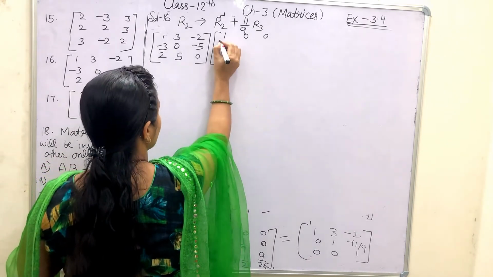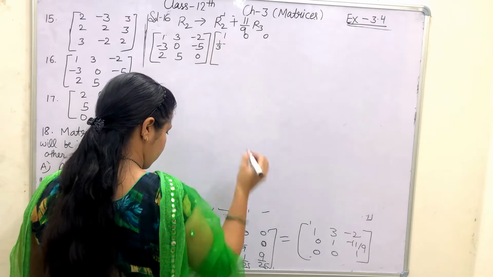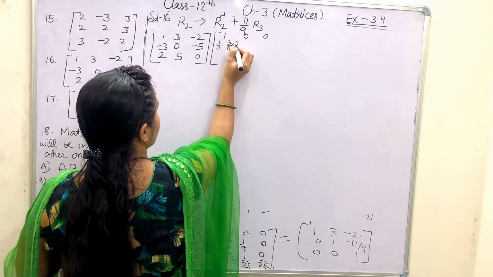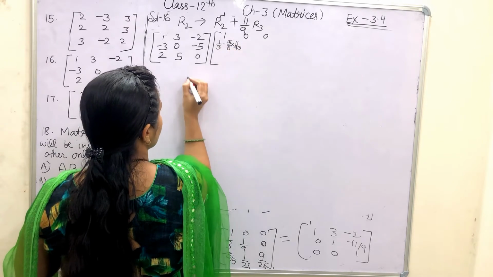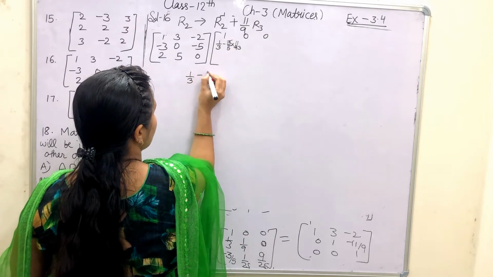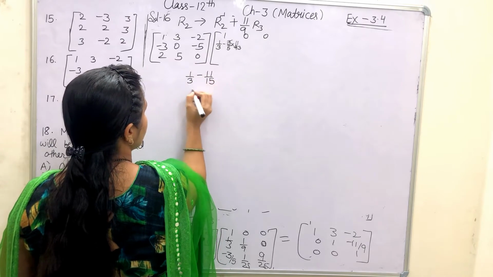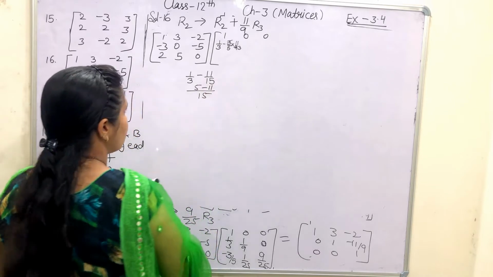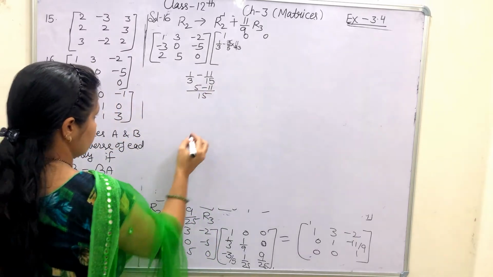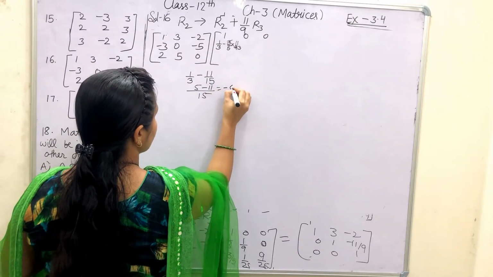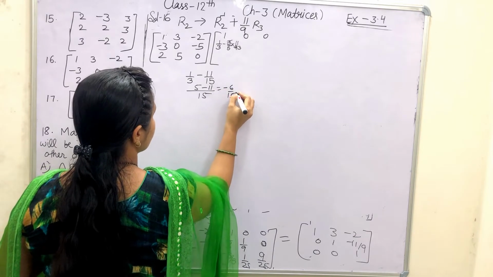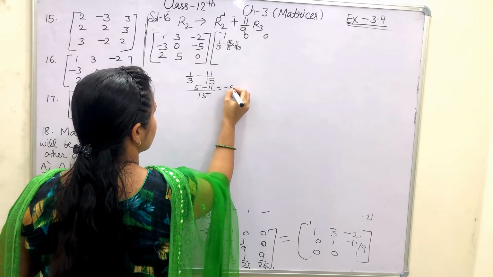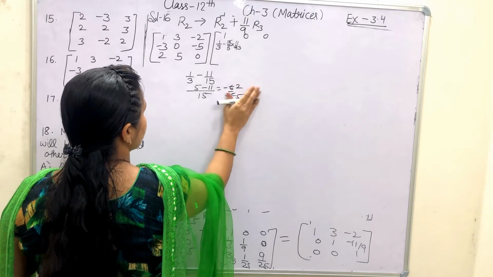R2 is 1 by 3 minus 3 by 5 into 11 by 9. It means we get here 1 by 3 minus 11 by 15. Here we get minus 6 by 15, that is we can say minus 2 by 5.